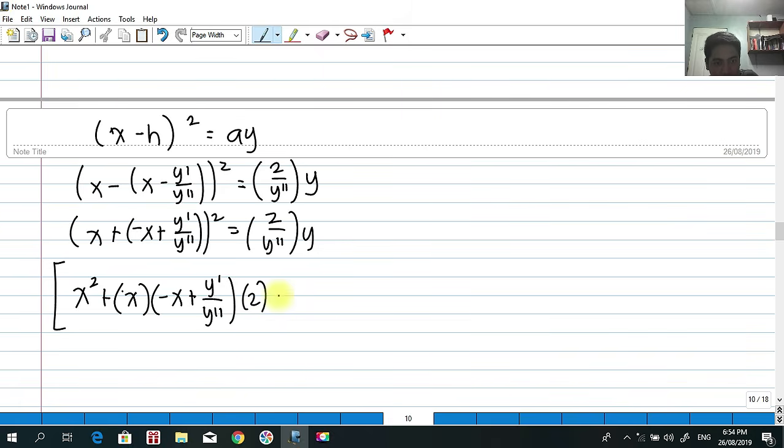Plus, of course, we square this: the negative y prime over y double prime squared becomes y prime squared over y double prime squared. The second term is multiplied all together: negative 2x y prime over y double prime. What we are performing now is the square of this because that's the shortcut, so that we would not have to use FOIL. You square the first term, and for the second term, you multiply all of this.